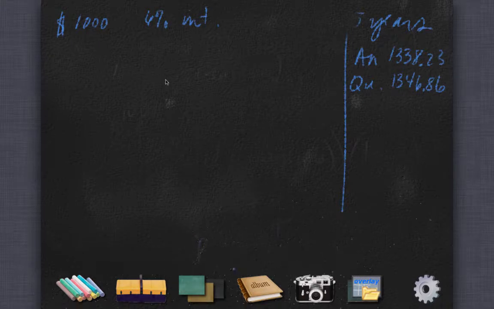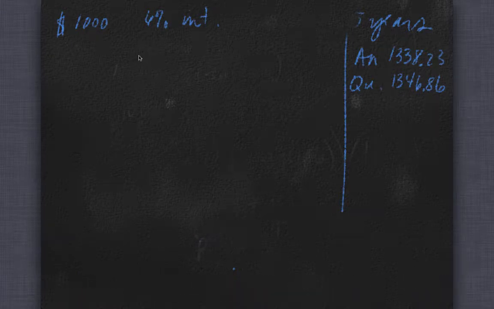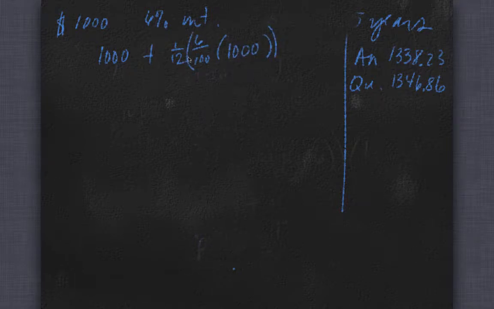Okay, so now I'm going to instead compound monthly. So that means that I get 1/12 of 6% of 1,000. So that's just 0.5%, but again, let's try to build a formula here. So we have 1 plus 0.06 over 12.